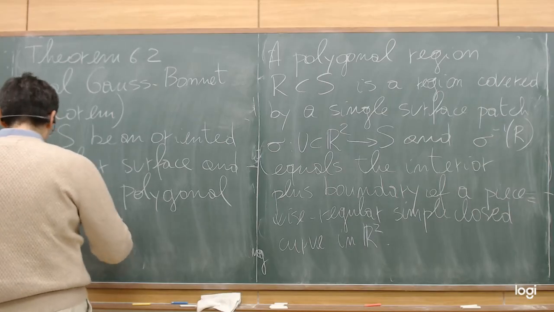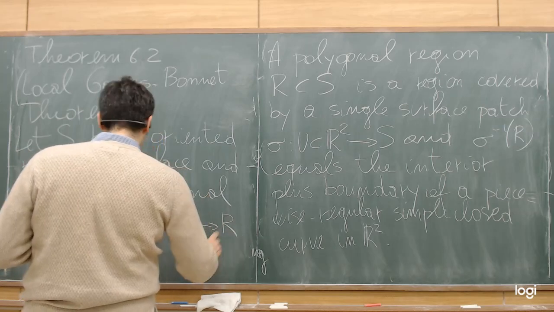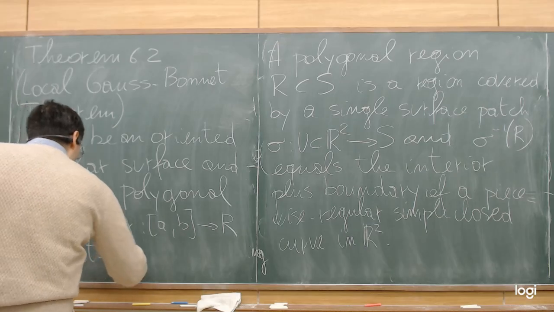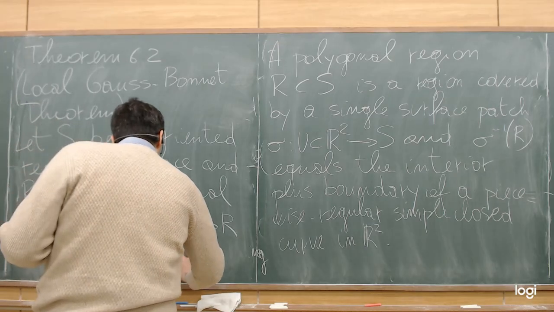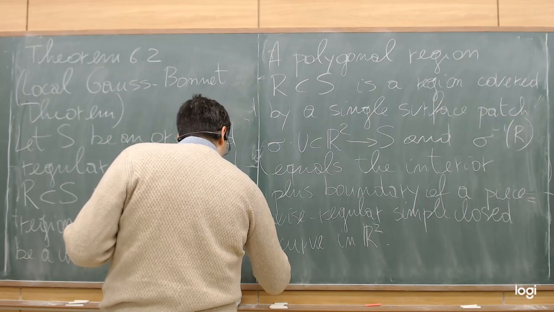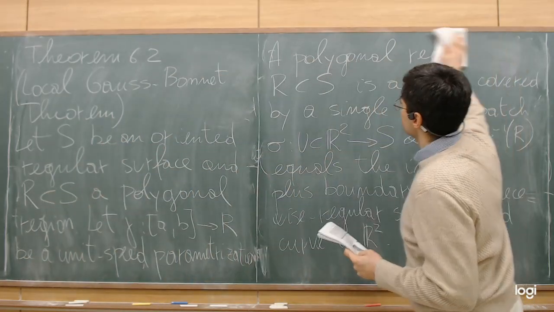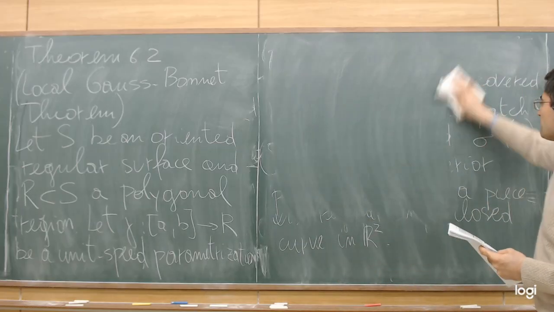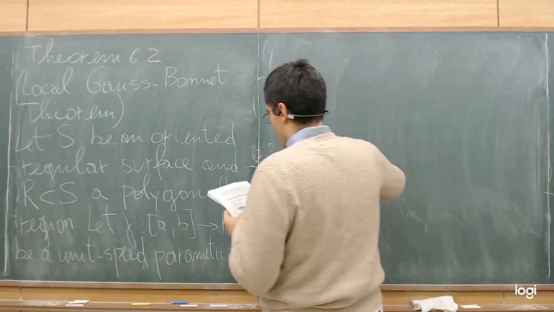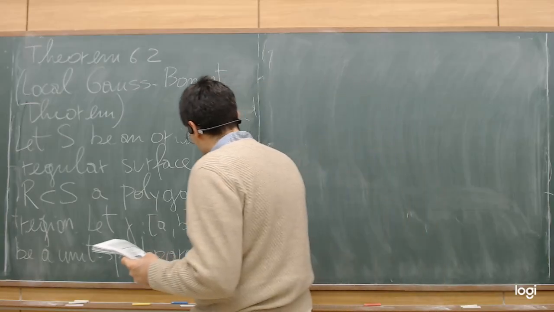Let gamma be a unit speed parametrization. Sorry, I omitted erroneously something.